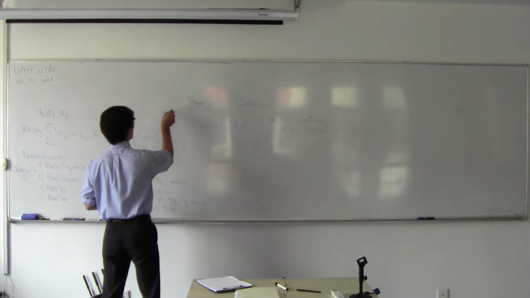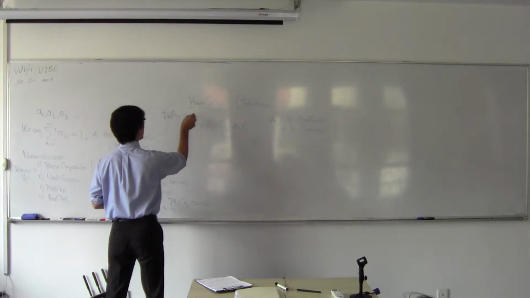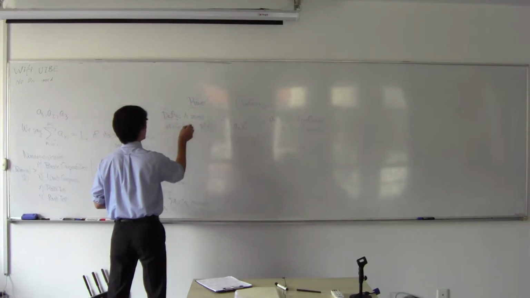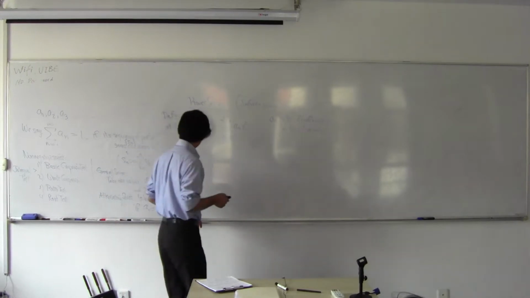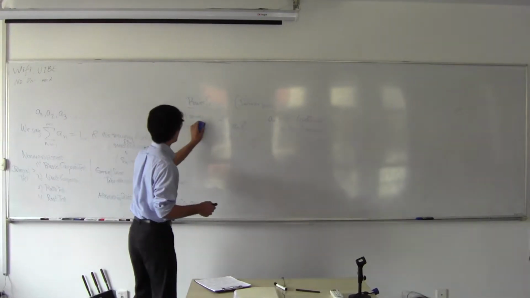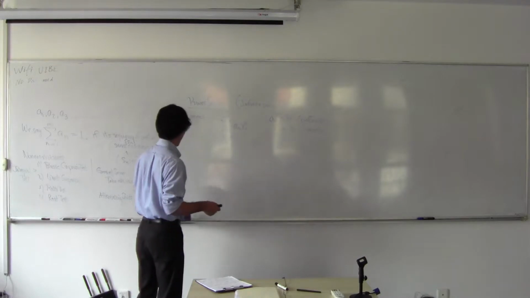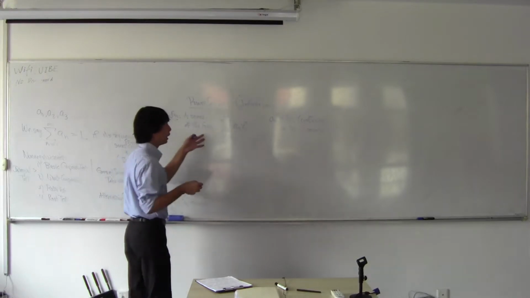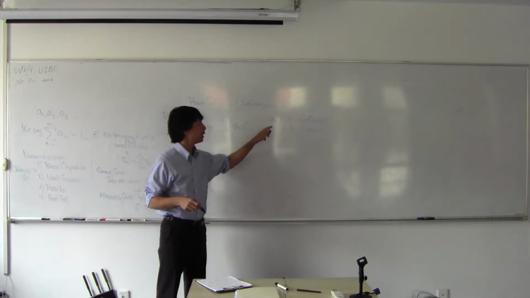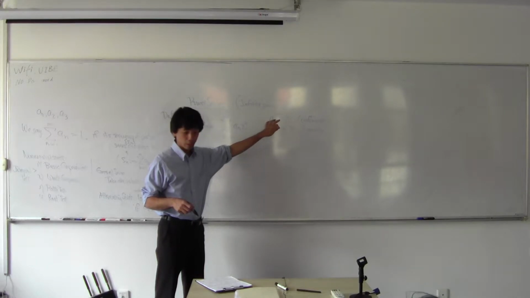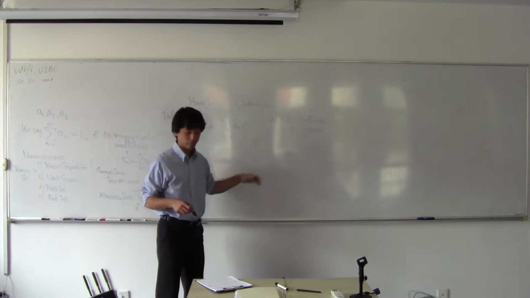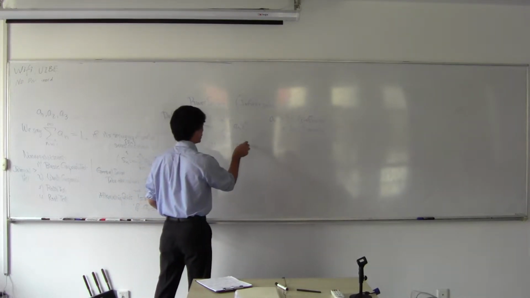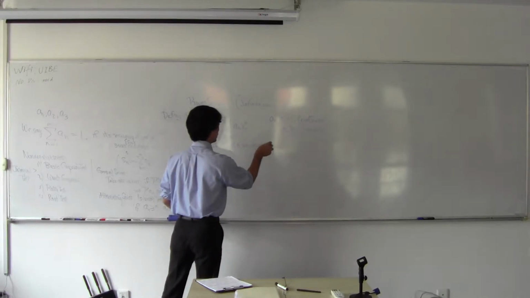Let's make this a definition. A series of this form, and maybe I'll leave out the name, where the a sub n are these coefficients, and x is a real variable, is called a power series in x.